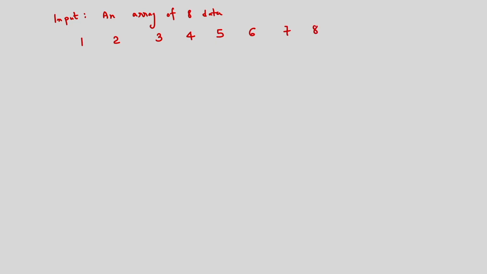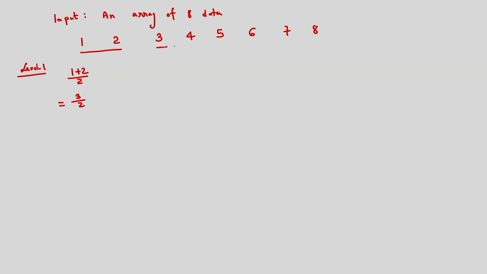First I am considering level 1 decomposition of the signal. That means I want to decompose this signal into a low frequency component and a high frequency component. From the first two samples, I can determine the approximate component. The approximate component will be 1 plus 2 divided by 2, which is nothing but 3 by 2.